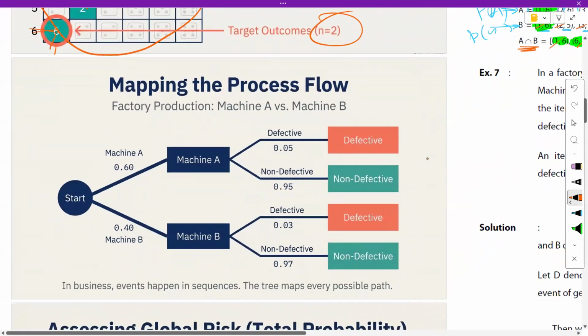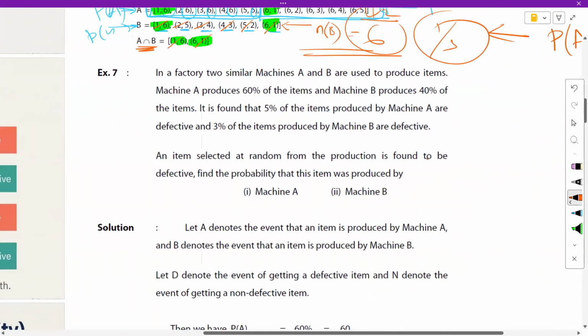Now we move to another example, a business example, an application of conditional probability. In a factory, there are two similar machines, A and B, used to produce items, for example a company producing bulbs.